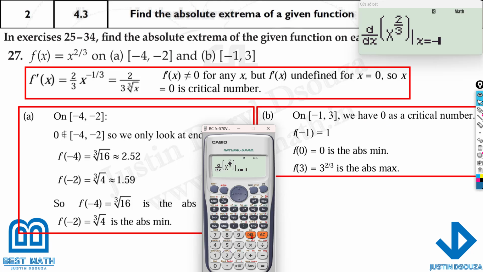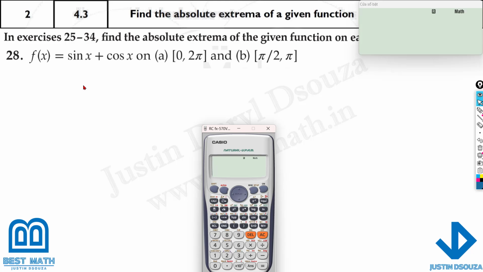Yes, this is the only answer. Any other value, say -2, you will get some value, so this is not a critical number. So we can easily figure out which is the critical number as well. Only because this is an electronic test, you have the options. Therefore, you can figure out the answers easily here.